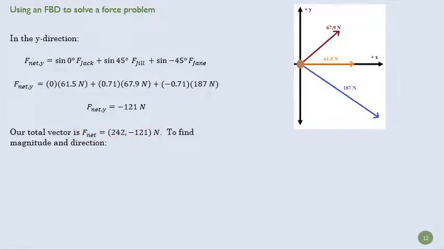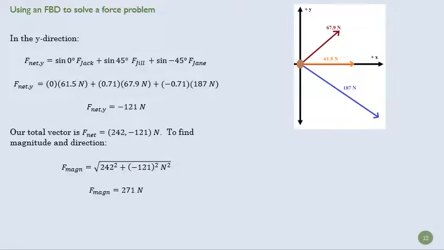So this is one way of stating our full vector, but the problem asks for our magnitude and direction. And this is the same process we used in 2D kinematics, right? We want to use the Pythagorean theorem to find our magnitude, and then we'll use the inverse tangent to find our theta. So here's our Pythagorean theorem. Taking our two components here, squaring them and summing them.